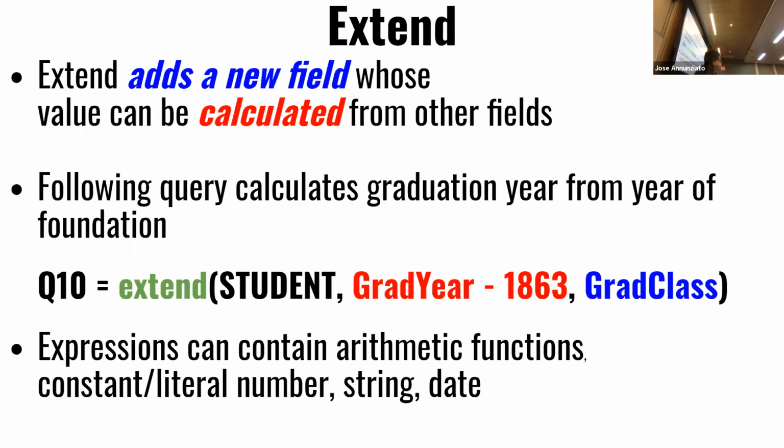Extend allows you to calculate on-the-fly values. So for instance, the student might have the graduation year, but then we would like to be able to calculate whether this person is an alumni, whether they've already graduated, and that would be the result of looking at what year is today and what year they graduated.